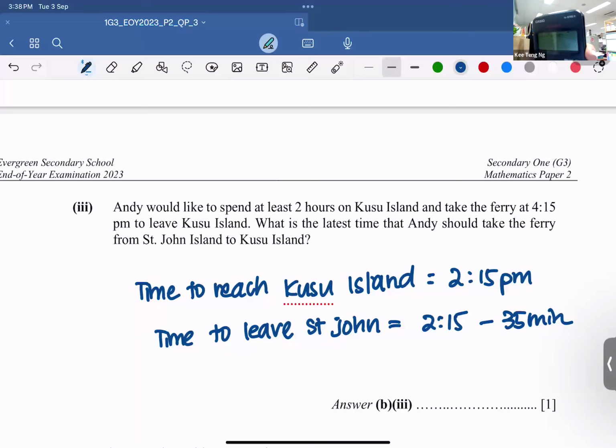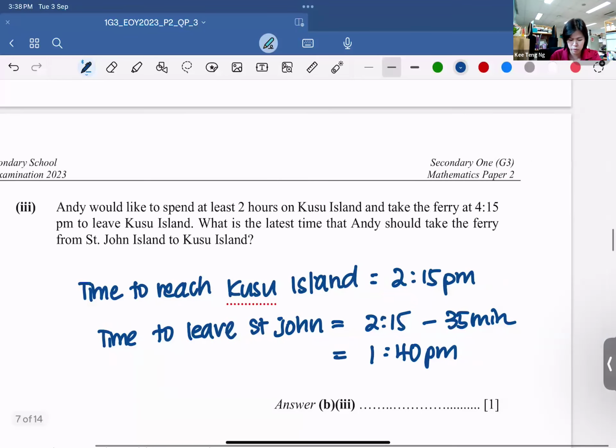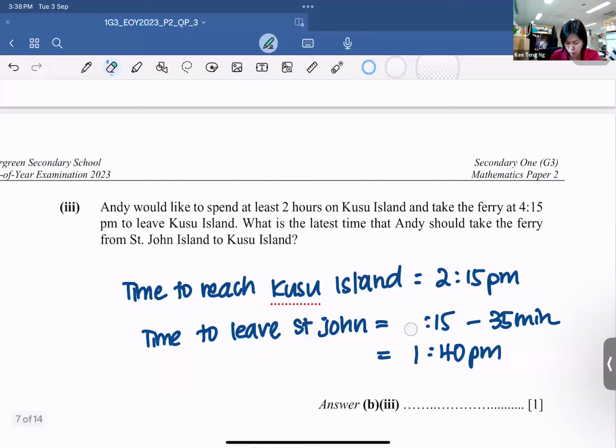Then I press equal. So I must leave St. John Island by 1:40 p.m. I'd like to change my working a little bit. I'll change this to 24-hour time frame.